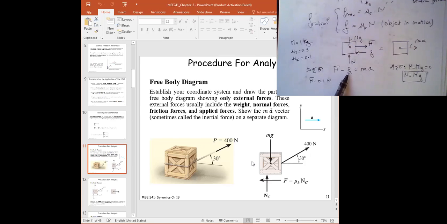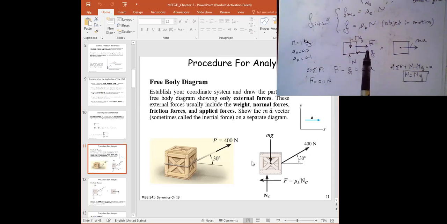If the force is 0.1, I have two unknowns: the friction and the acceleration, right? So what do I know about the friction? If the force is less than the maximum friction, will the object move?